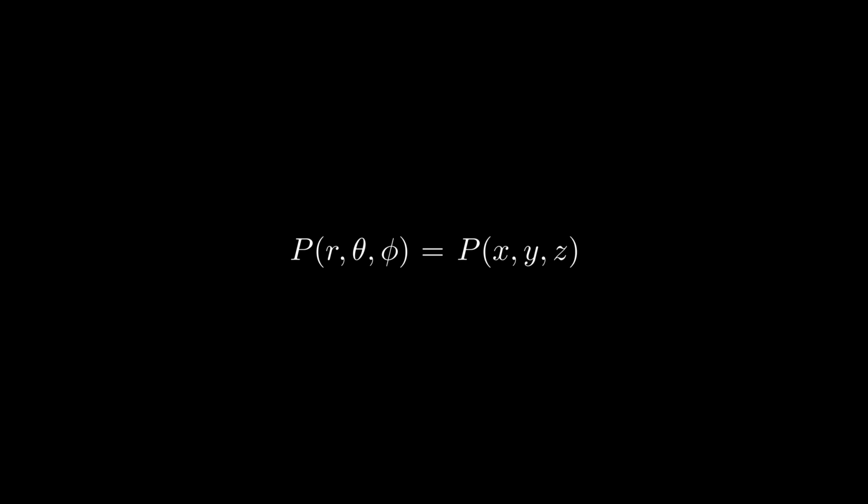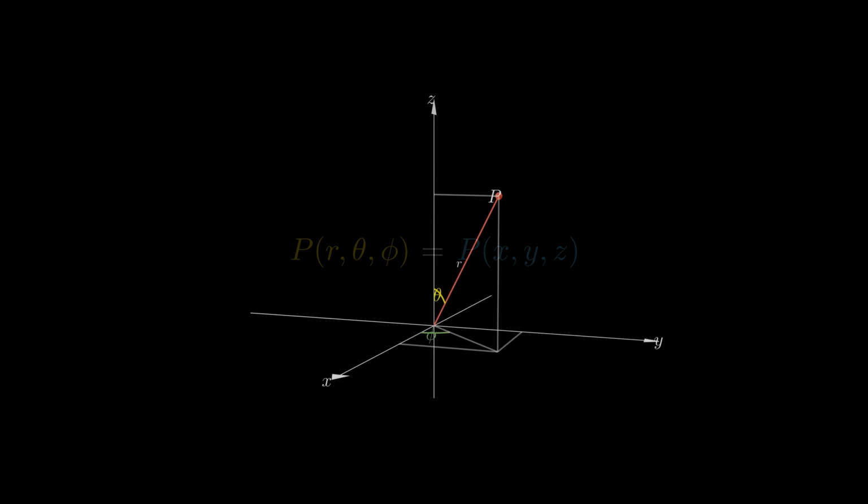For finding the transformations between variables r, theta, and phi of spherical system and variables x, y, and z of Cartesian system, the following figure with point can be used. The formulas for converting a point from spherical to Cartesian coordinates are x equal to r sine theta cos phi.